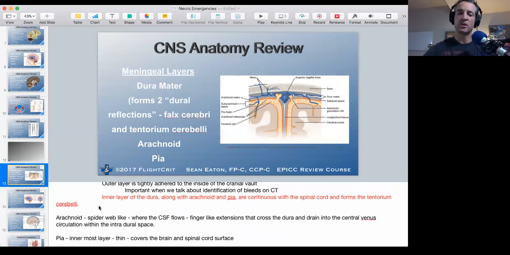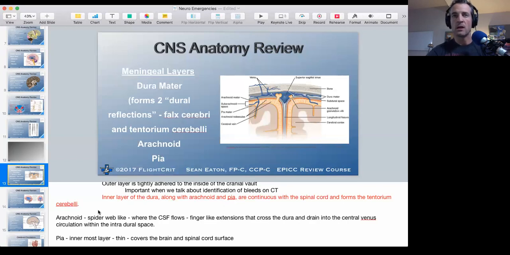Some other things to note about the dura is it is actually connected to the underside of the cranium, or of the skull, along suture lines. So when we start talking about epidural bleeds and subdural bleeds, what you should notice when looking at scans is that an epidural bleed should not cross suture lines, because that is where the dura mater is adhered to the skull.